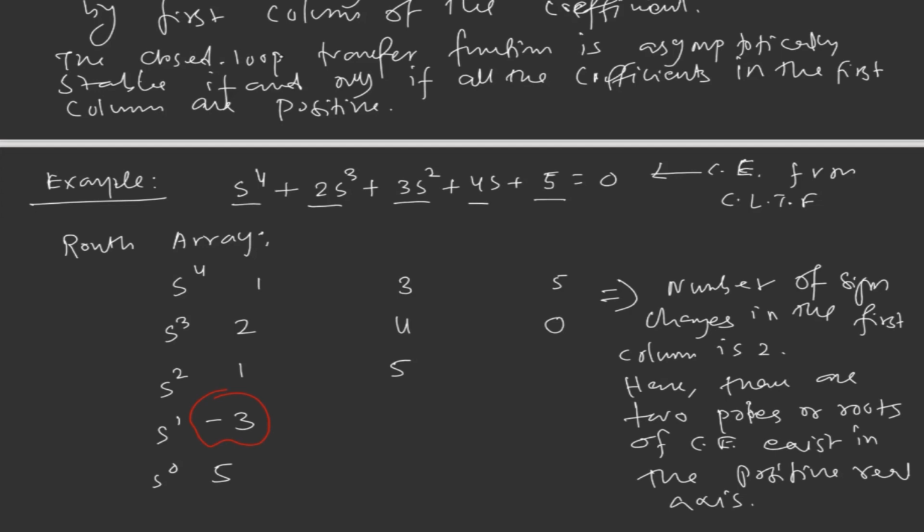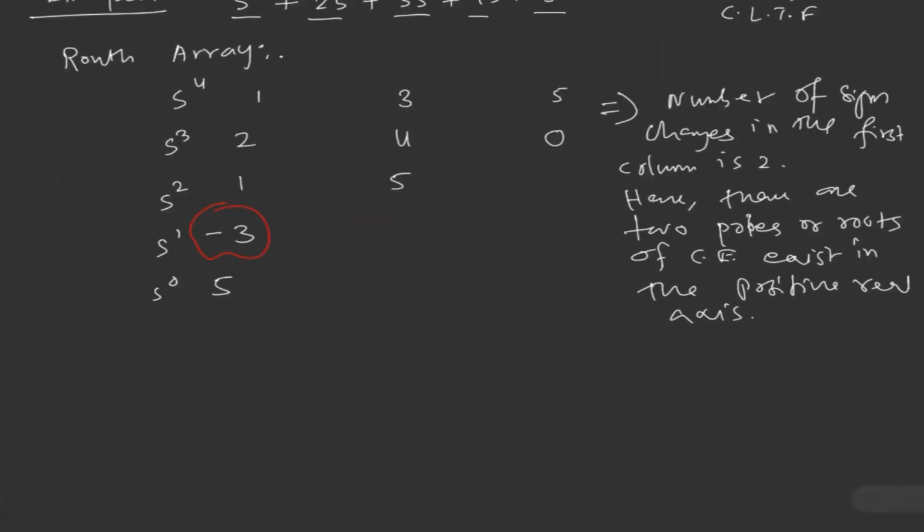Let's take another example where we'll find the range of gain in the system so that the system will be stable. Let's consider the following block diagram.